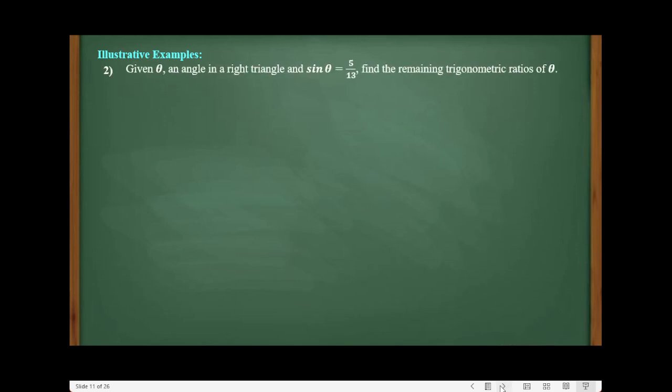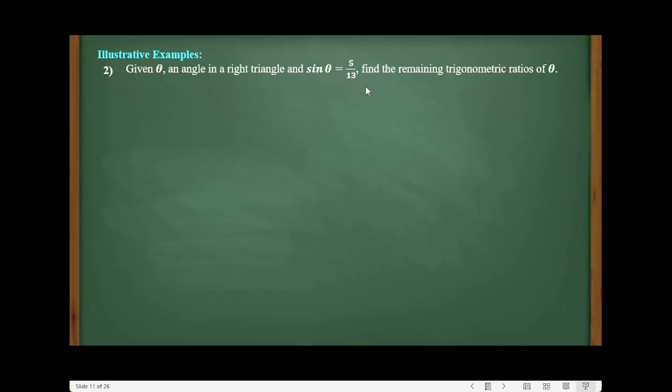Now for our next slide, let us proceed to the second illustrative example. So this is number 2. Given theta, which denotes an acute angle in a right triangle, and sine theta is given as 5 over 13.